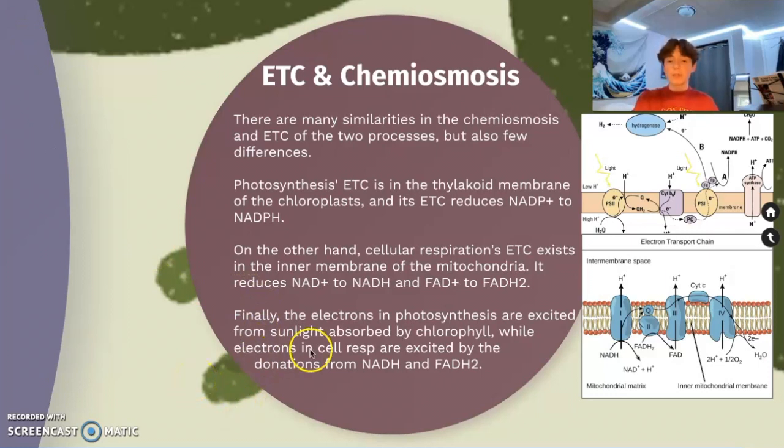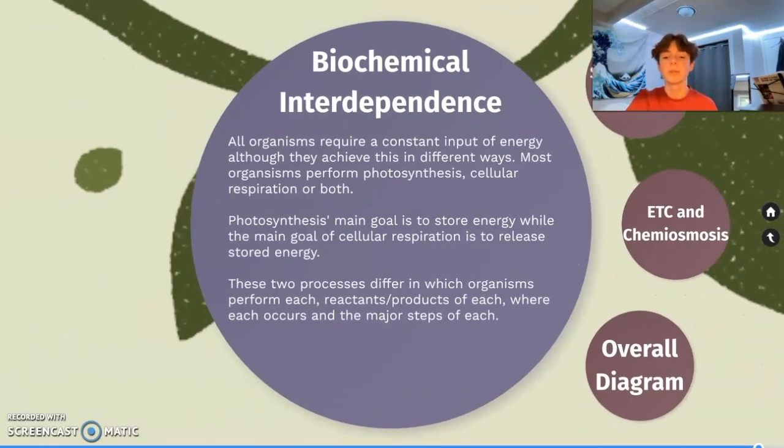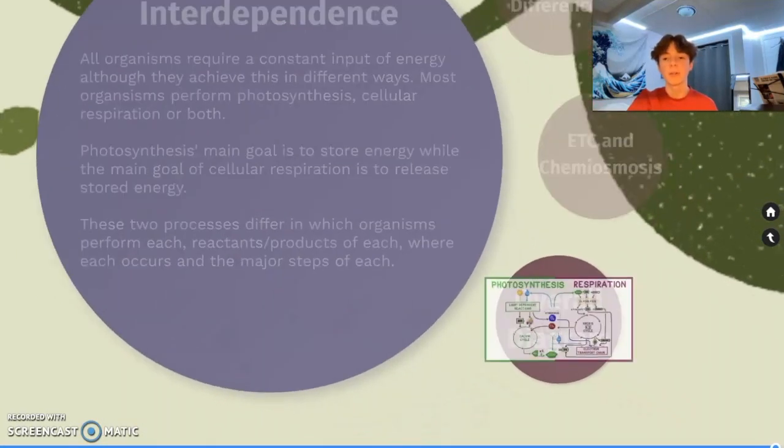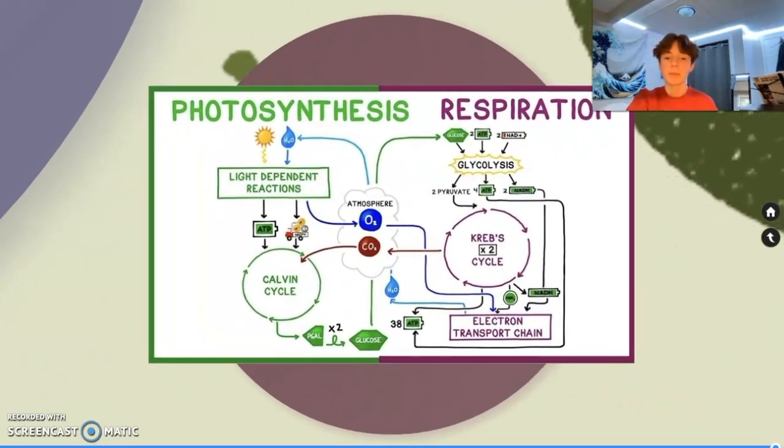Finally, the electrons in photosynthesis are excited by sunlight, absorbed by the chlorophyll in photosystem 2 and photosystem 1, although the electrons in cellular respiration are donated from NADH and FADH2. After explaining these key differences, it is time to move on to the overall diagram of both cellular respiration and photosynthesis.